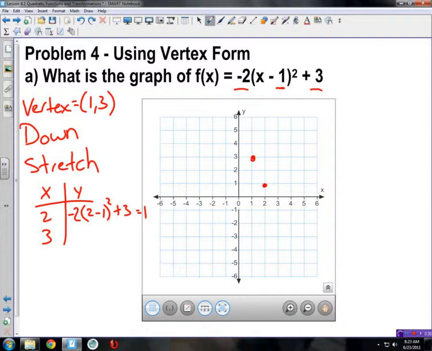And then try 3: -2 times (3 minus 1) squared plus 3. That's going to be 2 squared, which is 4. 4 times -2 is -8. -8 plus 3 is -5. So at 3 it's at -5. So it went quite a ways.